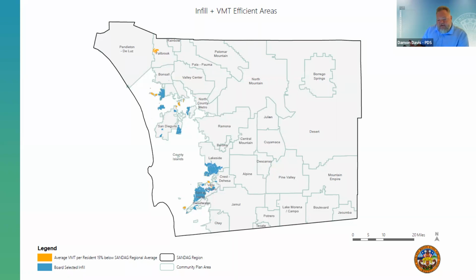And so currently right now, say there's a development project proposed in Alpine, if they were to propose mitigation, it would pretty much only focus on their development or any aspect of their development touches. With this program, we're going to look at being able to take the funds from those areas and apply them to our infill areas, into areas within the county that need it the most. And so I mentioned the transit opportunity areas.